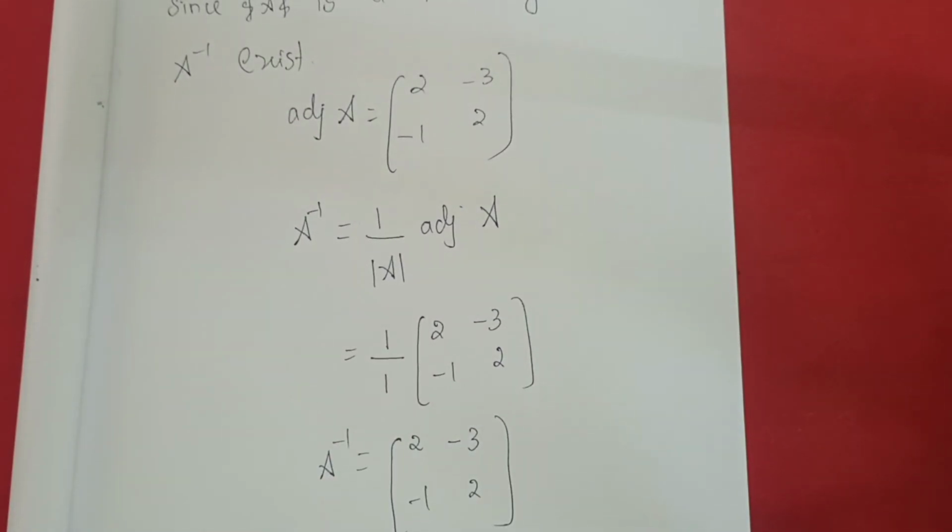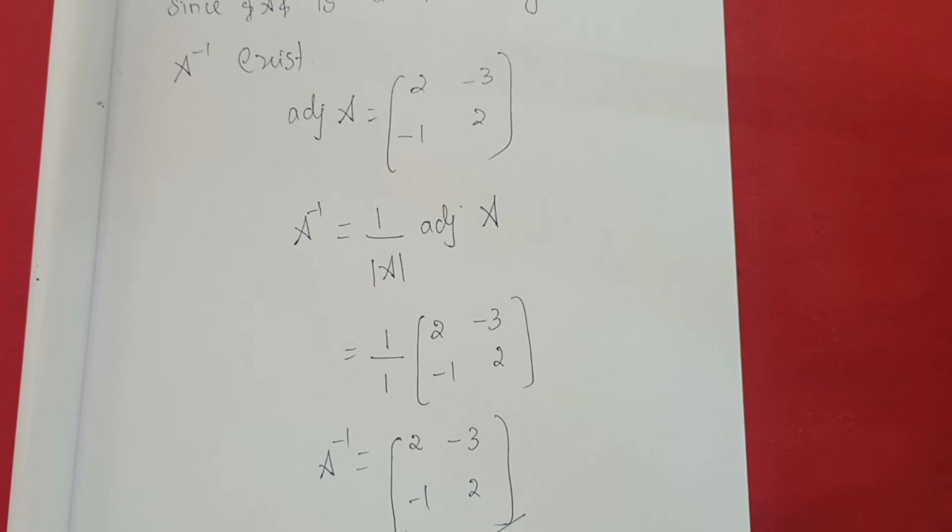Very, very important 5-mark question. Learn it thoroughly. First you need to find the A square value. Again I am saying, A square means a particular value alone you will not square. A square means A into A. Afterwards, satisfy the equation; there you substitute and find out the value of k. Afterwards find out A inverse. This is a very, very important 5-mark question.